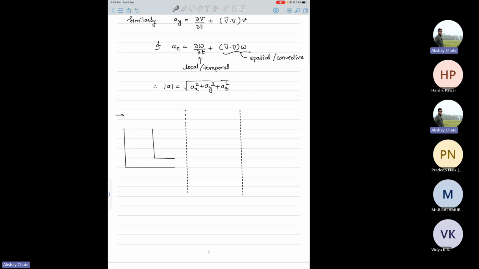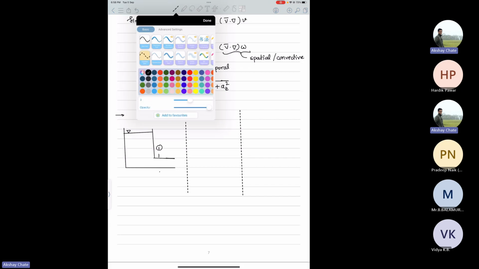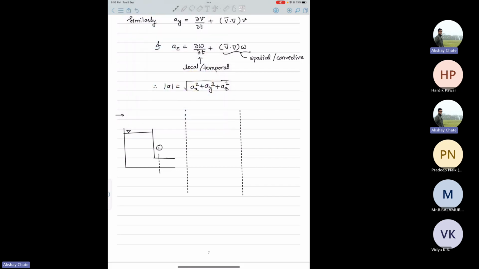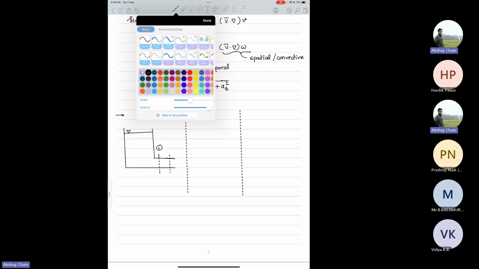And this is the free level. Consider this as a horizontal line, I'm just drawing it. And this is your cross-sectional area 1. And this is your cross-sectional area 2.